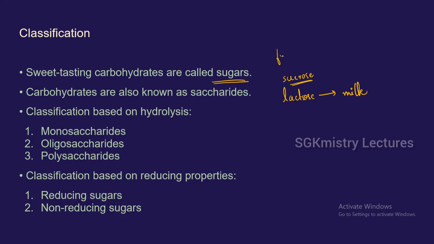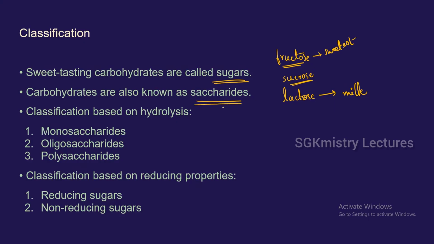Fructose is the sweetest sugar. So the sweet tasting carbohydrates, we generally call them sugars. We also call carbohydrates saccharides.